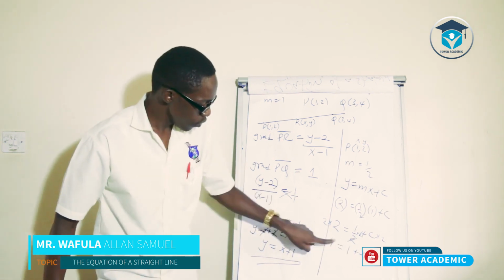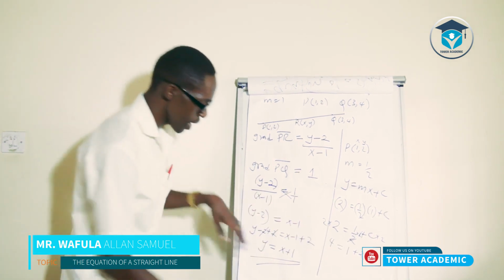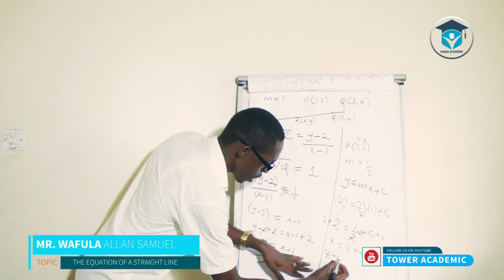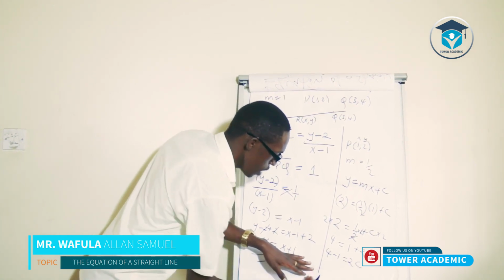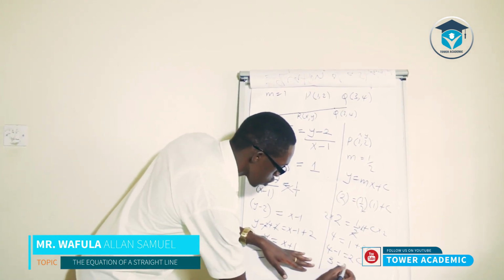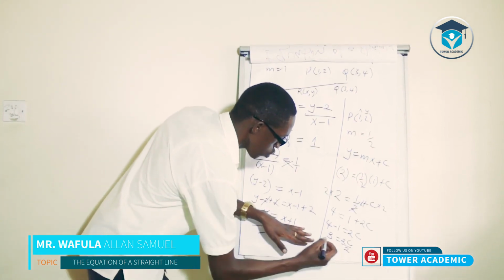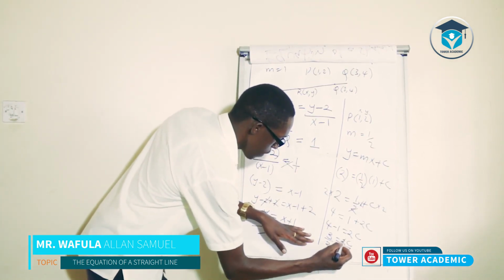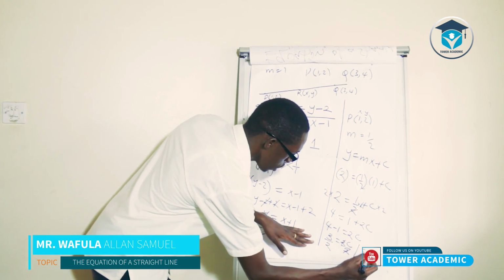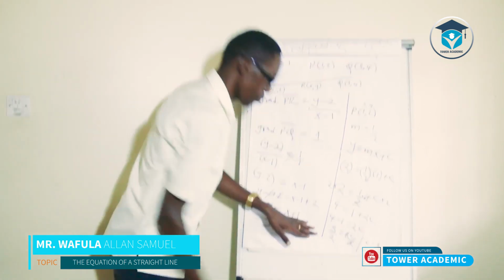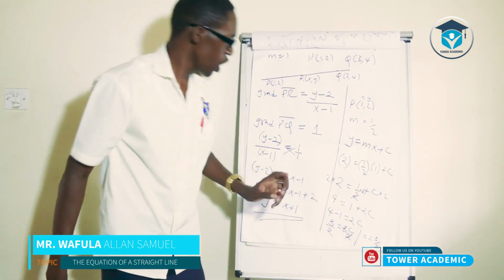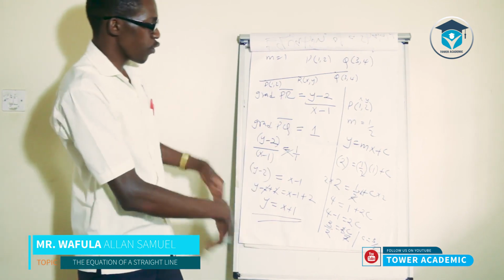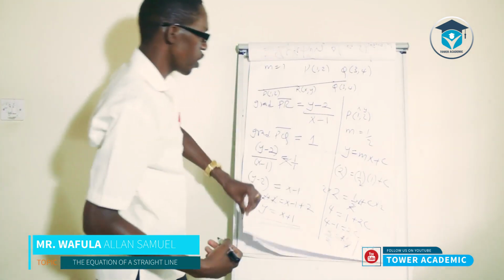When it is positive and crosses the equal sign, it becomes negative. So this becomes 4 minus 1 equals 2c. Then after here you get 3 equals 2c. So dividing both sides by 2, you'll end up having that the value of c is 3 out of 2. So since you already have the value of c, you already have the value of m, you therefore just go back and substitute in this equation.